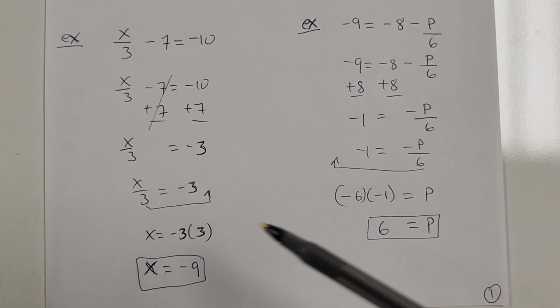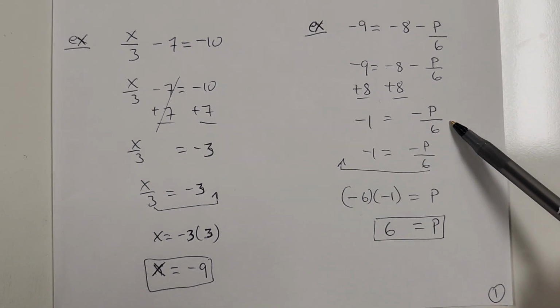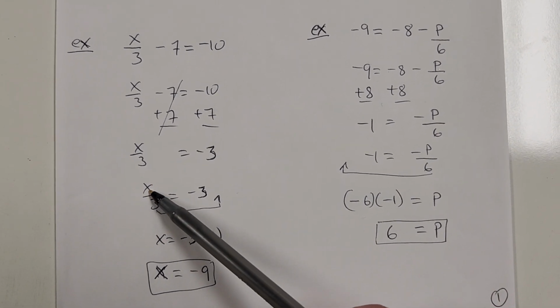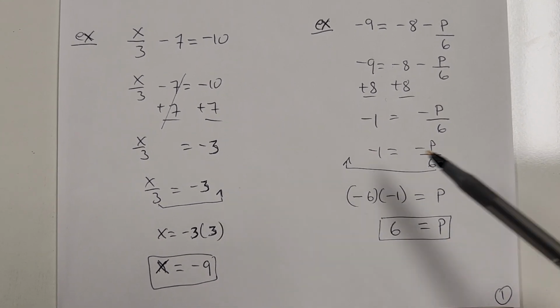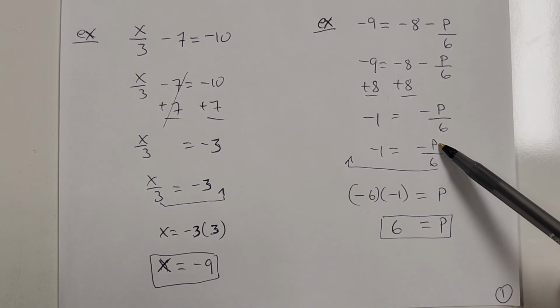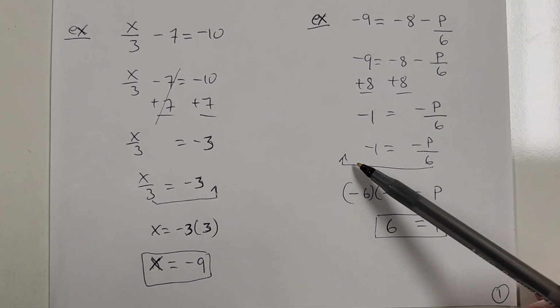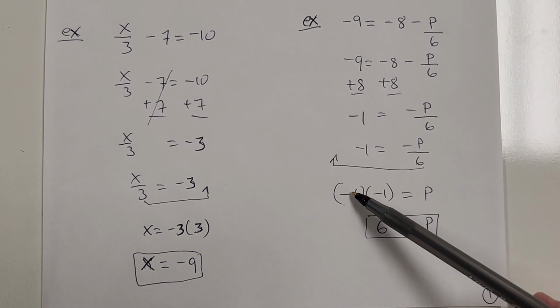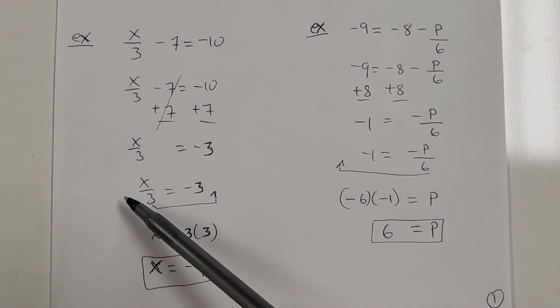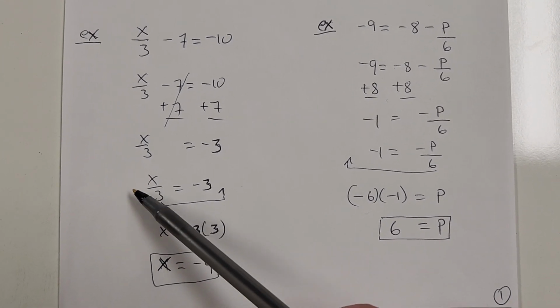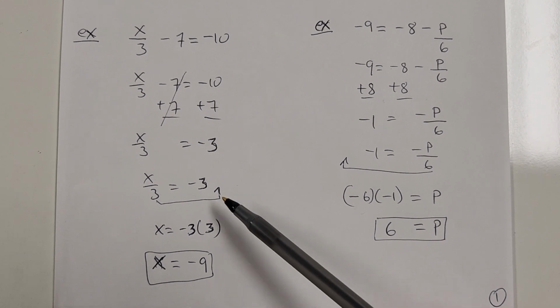Okay, so the difference between this example and this example is that here next to the letter there's no negative, so you just bring the 3 over. Over here there's a negative next to the letter, so bring the negative with you and the number. Okay, so be very careful. One more time, on this side there's no negative, so just bring the number.